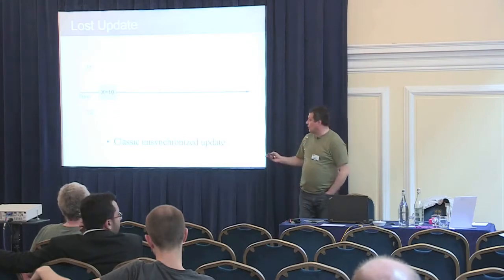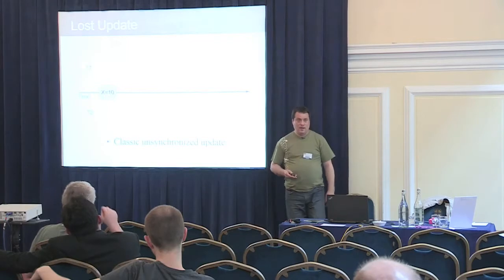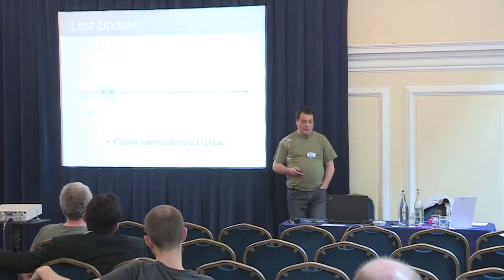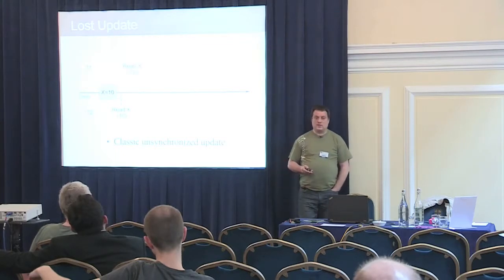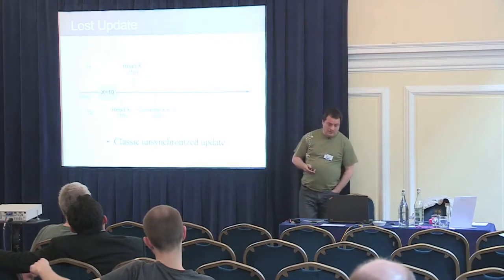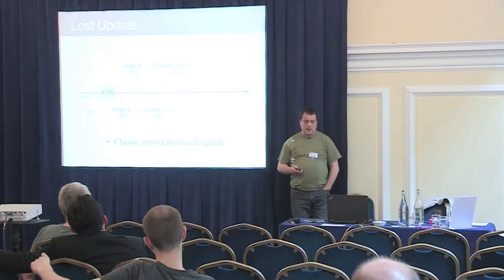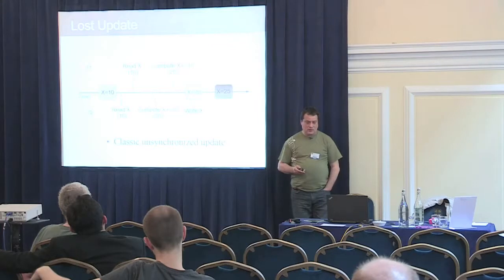So what does it mean? We have now these 2 transactions, T1 and T2, and this is the timeline, and we have the initial state, an object, a column of a table if you wish, object X with value equal 10. Now transaction 2 reads this X, and transaction 1 reads this X. Transaction 2 updates this X, and transaction 1 also updates this X. Now transaction 2 writes it, and transaction 1 also writes it.